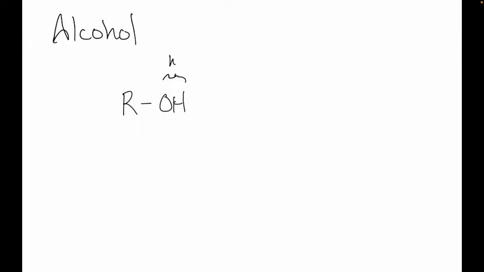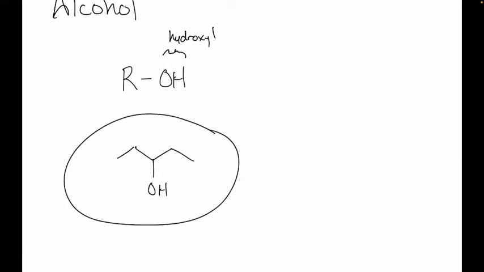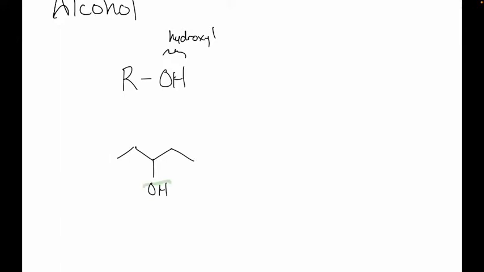Formally, it's called a hydroxyl group. But an alcohol is any organic molecule that has that OH group in it. A simple example would be something like this. This would be our alcohol here, and you see that the OH group is always explicitly written.